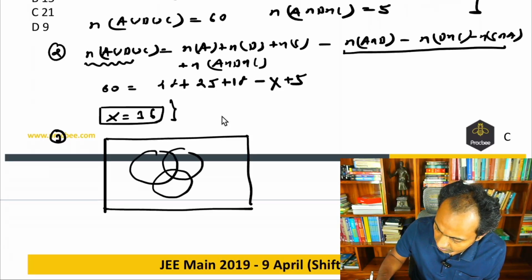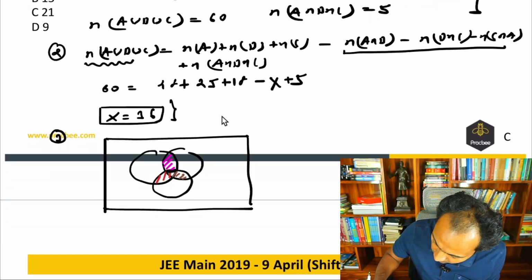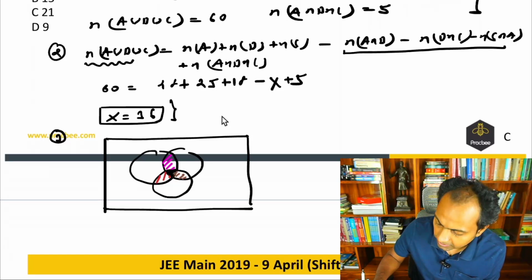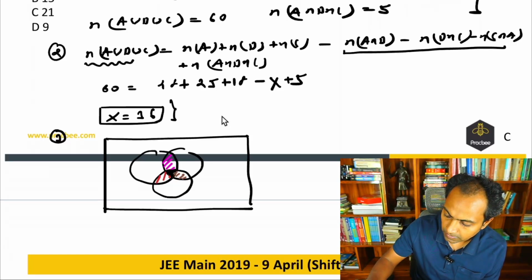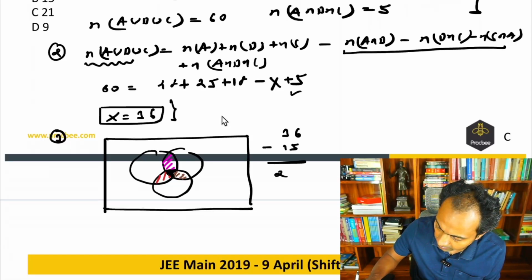So what I have figured out is sum of this part, sum of this part and sum of this part. So you can see that the part that comes in the middle, that is this part, is counted 3 times. So in order to get the answer, I will have to, from 36, subtract 5 3 times. So this will become 15 and the answer comes out to be 25.